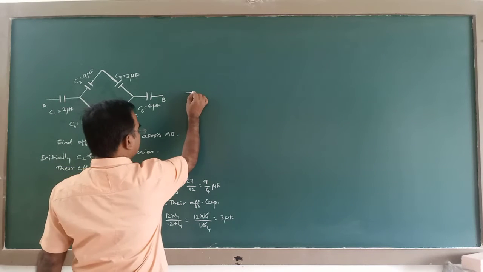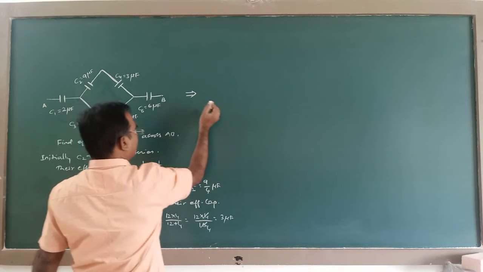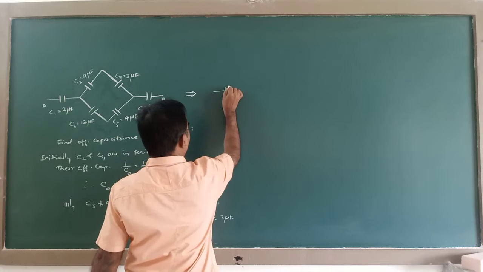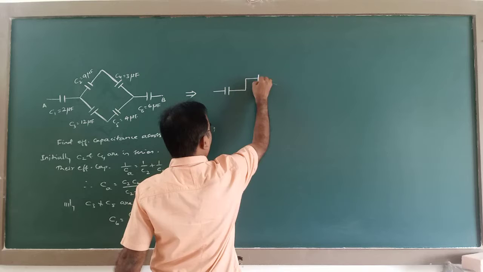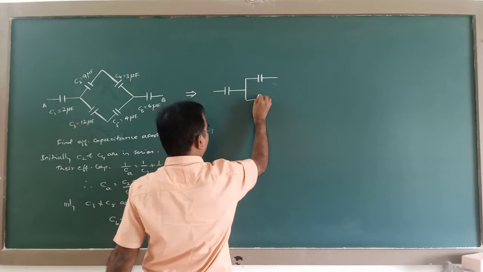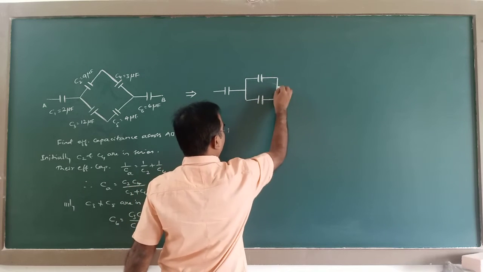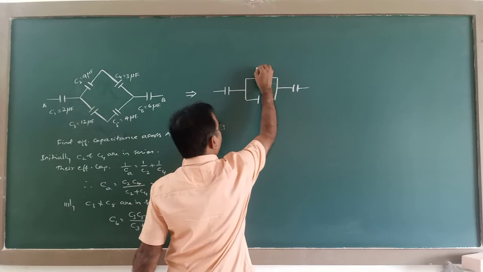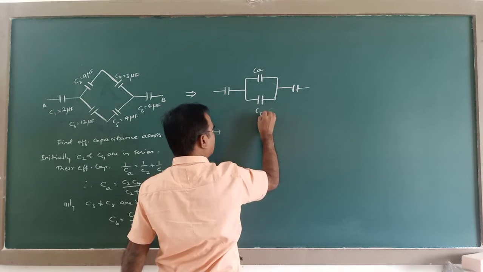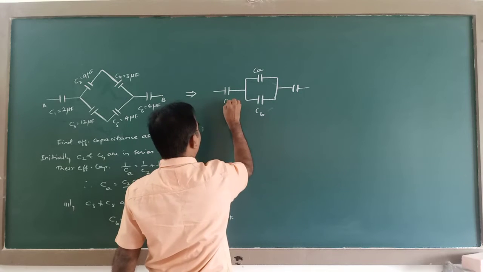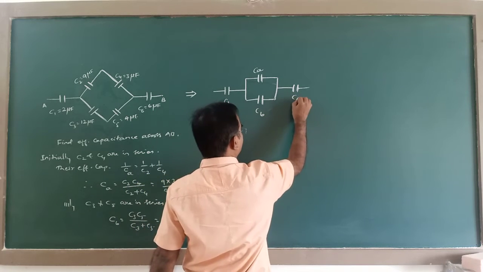Now after finding CA and CB, this circuit will be reduced to this form. So this is CA, this is CB, this is C1 and this is C6.